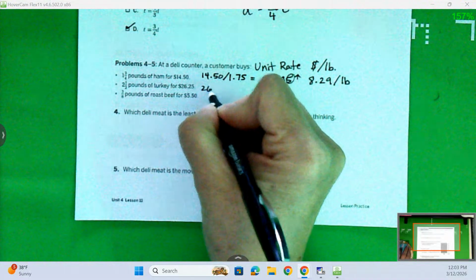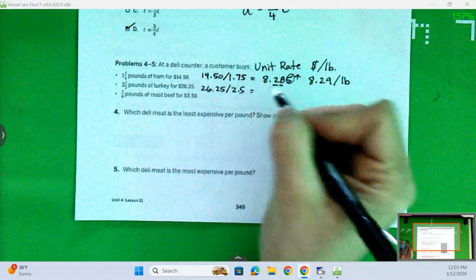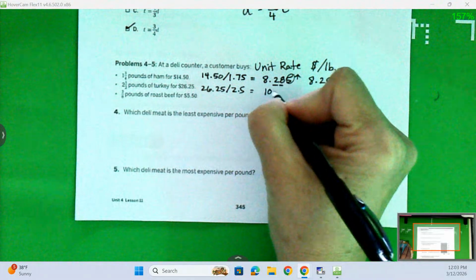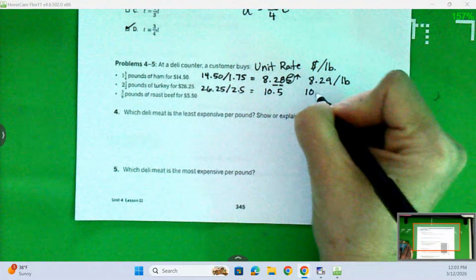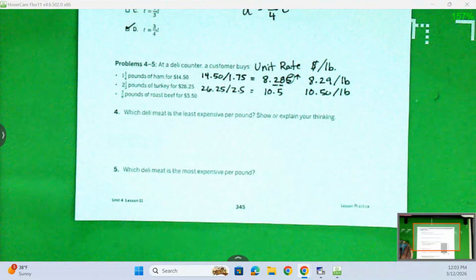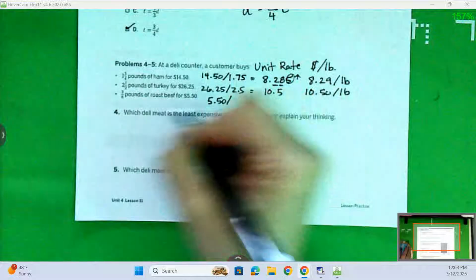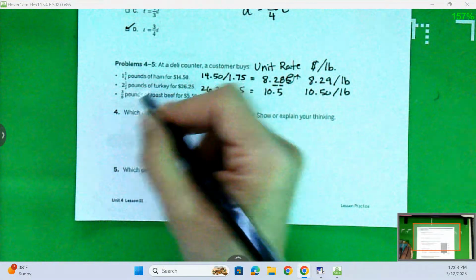Okay, we have 26.25 divided by 2.5. I'm going to divide by 2.5, which, that works out nice. It's 10.5, so $10.50 per pound. And roast beef, $5.50 for 3/8.